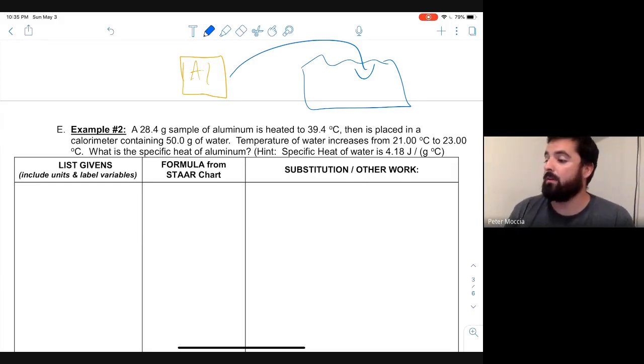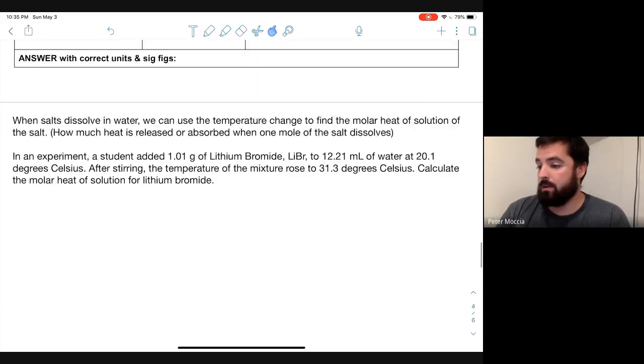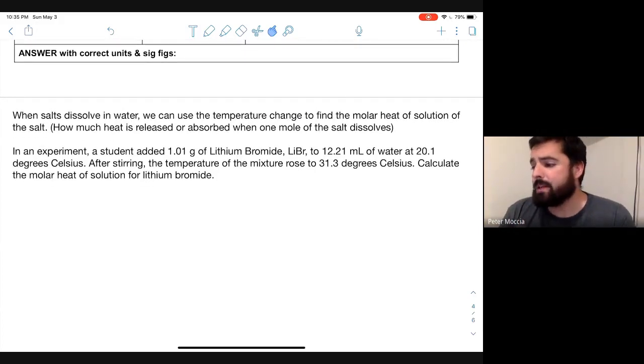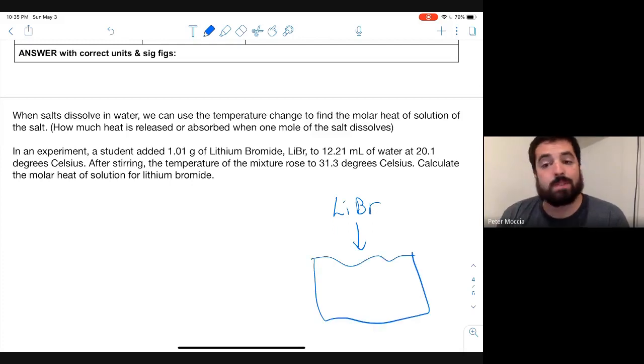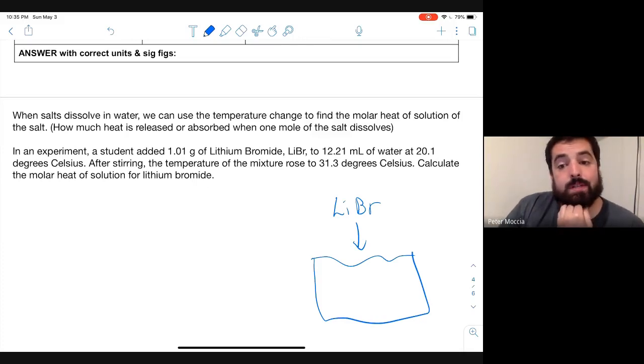So based on the heat that the water gained, you can figure out how much heat the aluminum lost. Okay. And then a third type that we're going to see is over here. This is enthalpy of solution. So in this case, we're going to have some sort of salt, lithium bromide, and that goes into water. And it dissolves in the water and causes the water to change temperature.